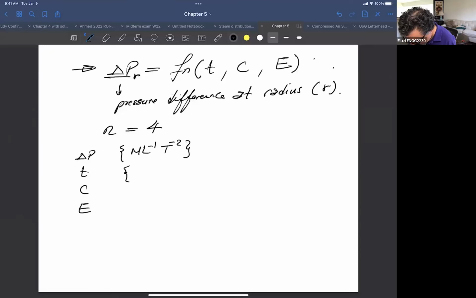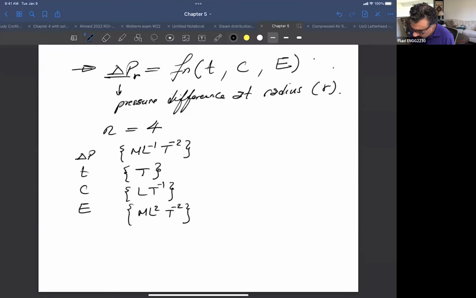T is T. Speed of sound is L T to the minus 1. Energy is M L squared T to the minus 2, since energy is force times distance.